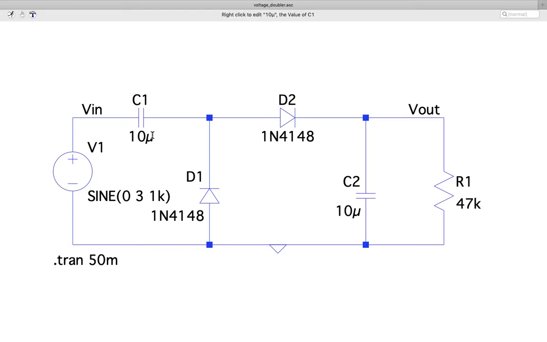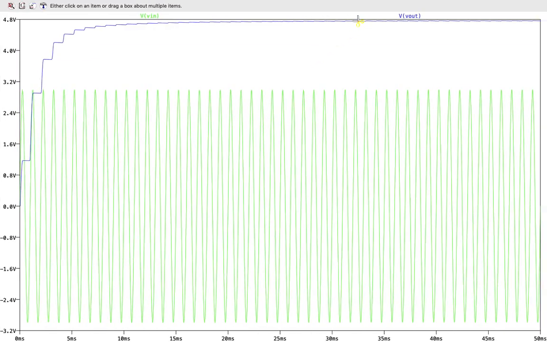So because of these two diode drops, around 0.6 and 0.6, although these doublers are supposed to give a voltage of 6 volt, it has come down to 4.8 volt.